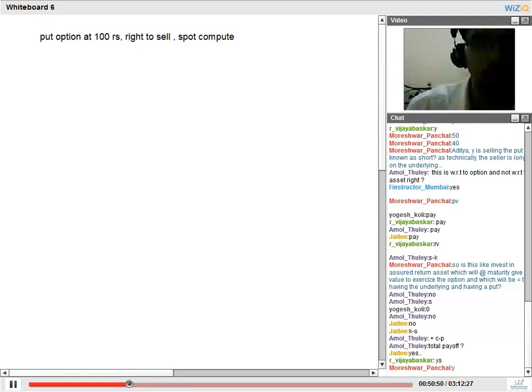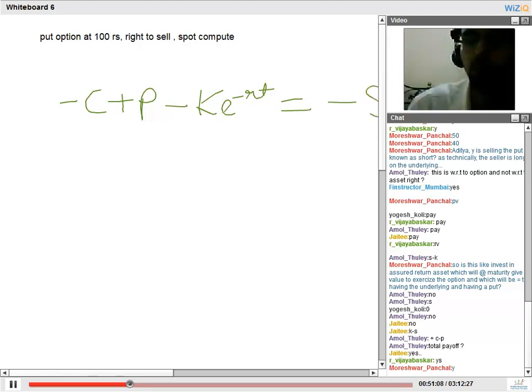I bought a call option, so I have to pay minus C. I sold a put option, so I received a P, and I invested K e raised to power minus RT, so I had to pay that much money to a bank. This combined gives me a payoff of S. Another thing that gives me a payoff of S is buying the stock. So if I just purchase the stock, I still receive a payoff of S. The costs have to be the same.